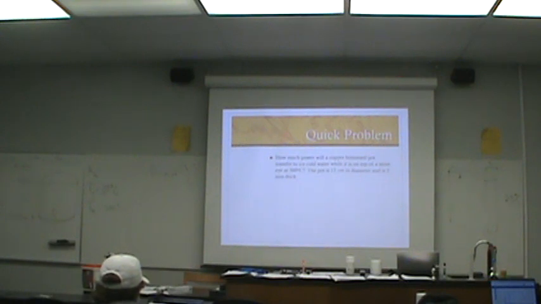Say it again? 1.13. Almost. Almost. Say it again? 0.1. Almost again. 0.01? Yes. I will show how you get there, but just go ahead and put it up on the board. So that is the surface area.